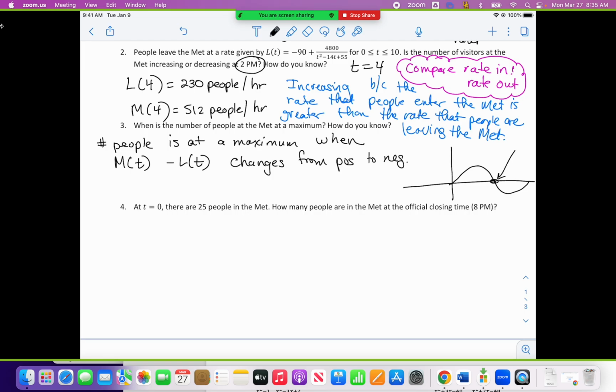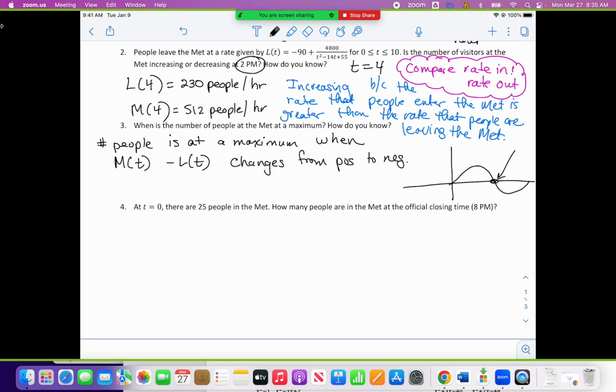That does the same job. I think it's easier to do. So add a page, okay, add a page. And you're going to graph m of t minus L of t and look for the x-intercept.